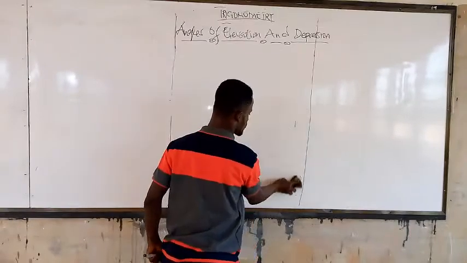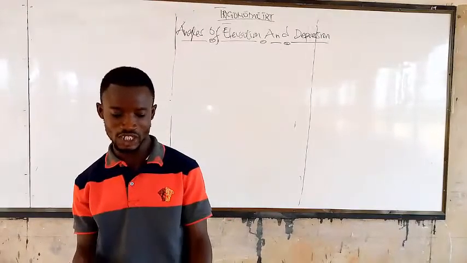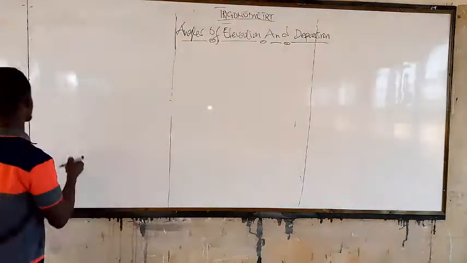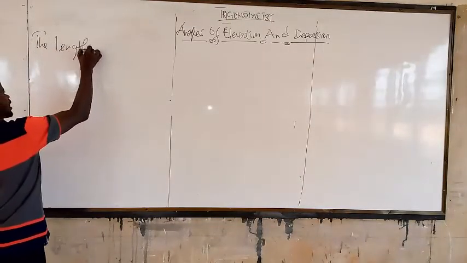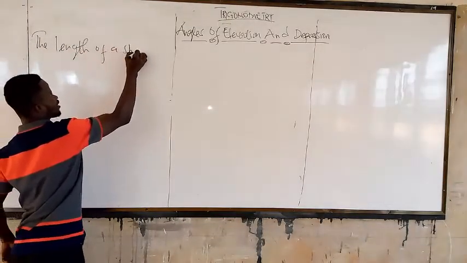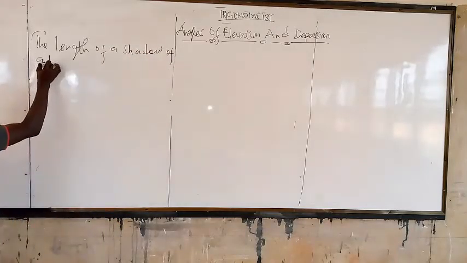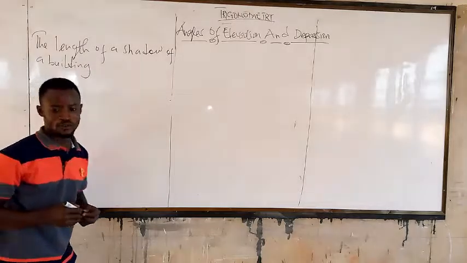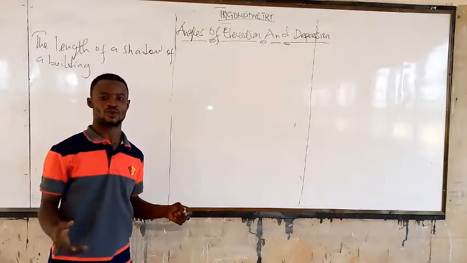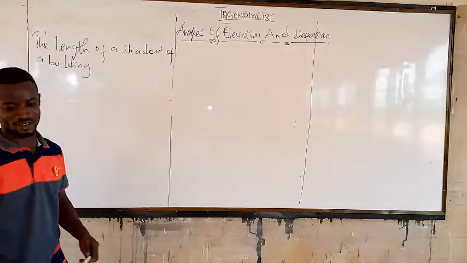In our first question, it says that the length of a shadow of a building, and you have all seen a building before, whether your school building or your house or even where you are sitting right now.